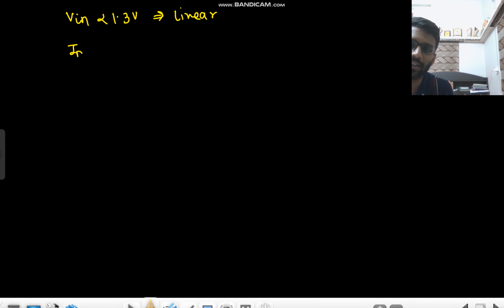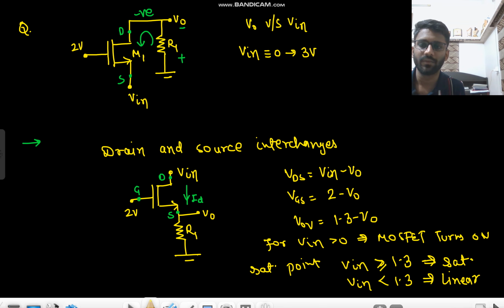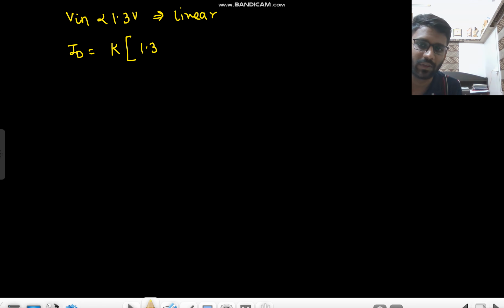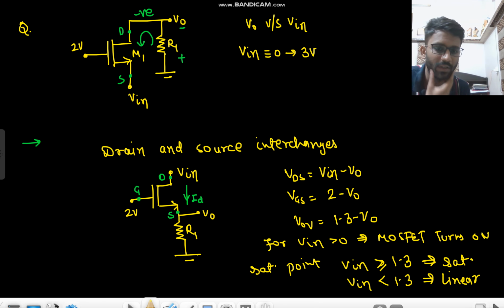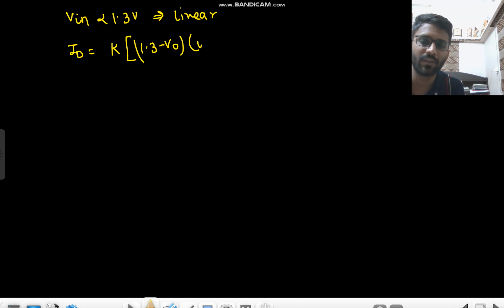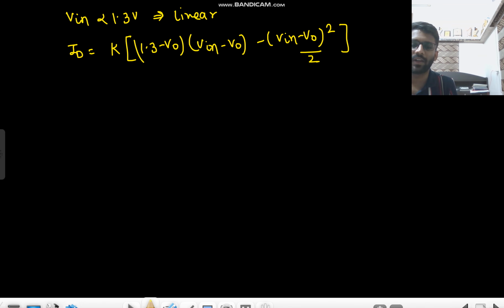Let us write the current equation: some constant k times (VGS minus VT), which is 1.3 minus Vo, into VDS, that is Vin minus Vo, minus (Vin minus Vo) whole square by 2. ID you can write as Vo by R, so Vo by R equals ID.